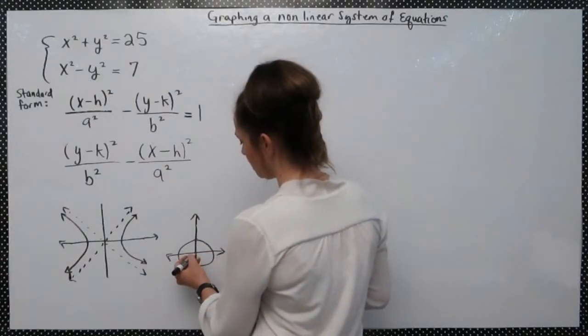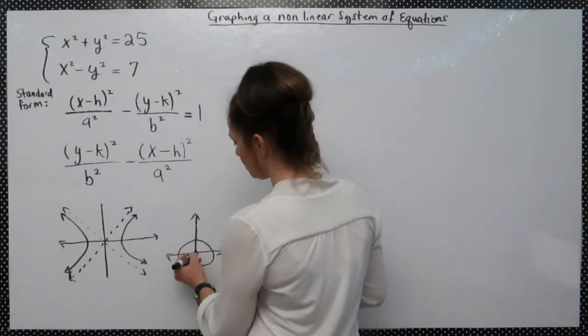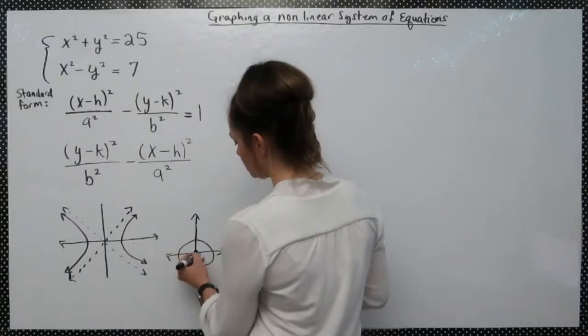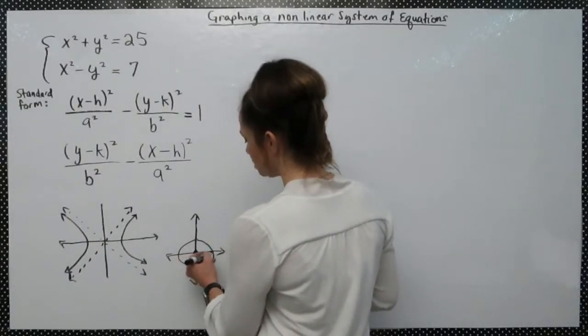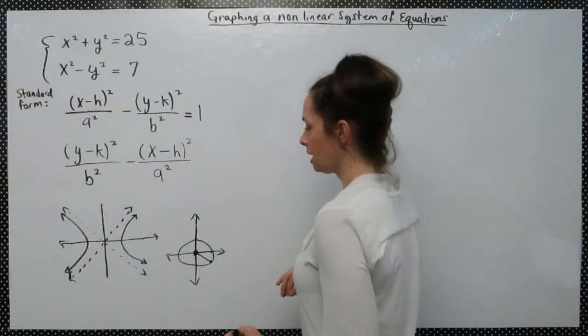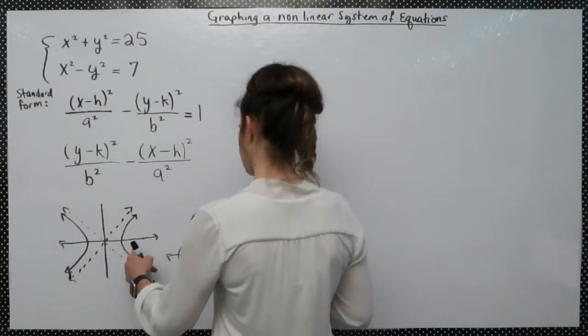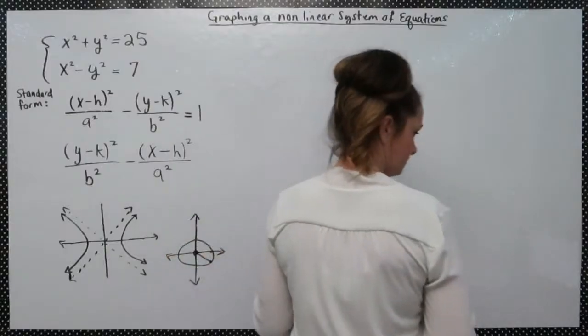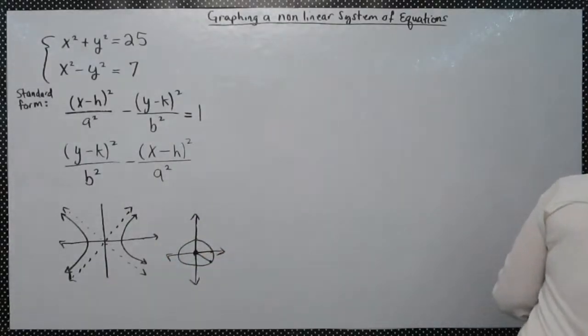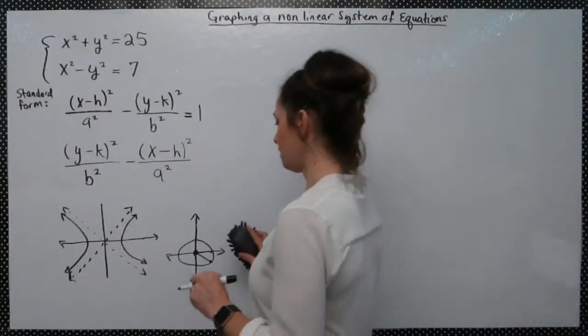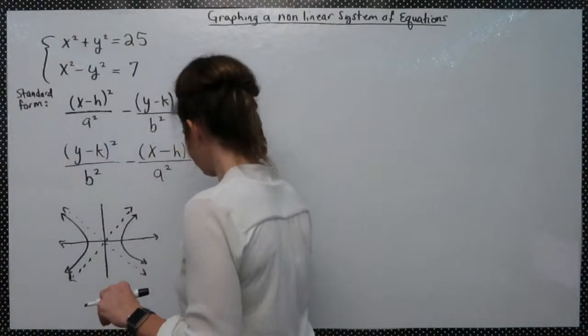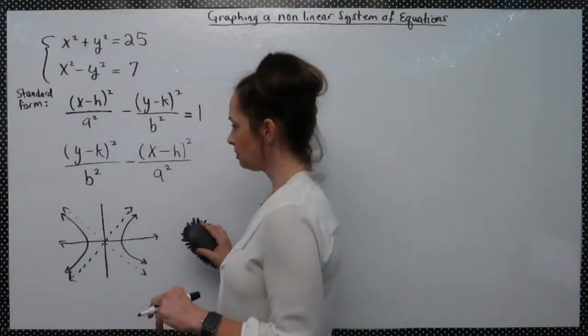So if you try to take a radius from here and here, obviously you've got two different distances. And it's the same thing with the hyperbola. All of the conic sections have this eccentricity value.